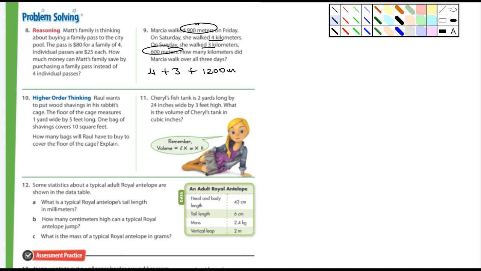Was it 12.5? No. Gosh, was it 12.1? Let me go back to the beginning of 12 here. Okay, flipping through my book, I'm looking.